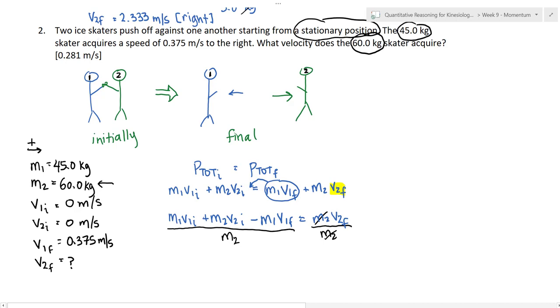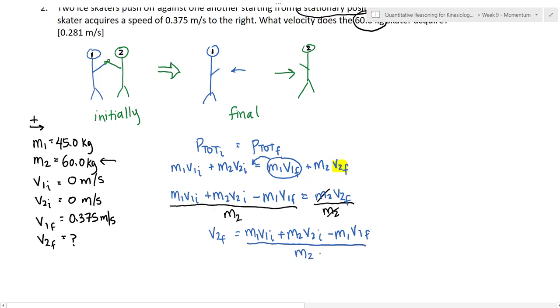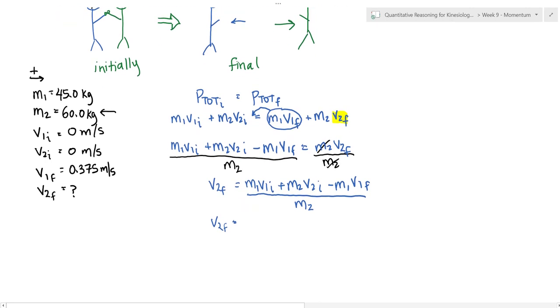So now my formula, I'm going to just flip the two sides. I have V2 final is equal to M1 V1 initial plus M2 V2 initial minus M1 V1 final all over M2. All right, so V2 final then is equal to, let's sub in all the values that we know.